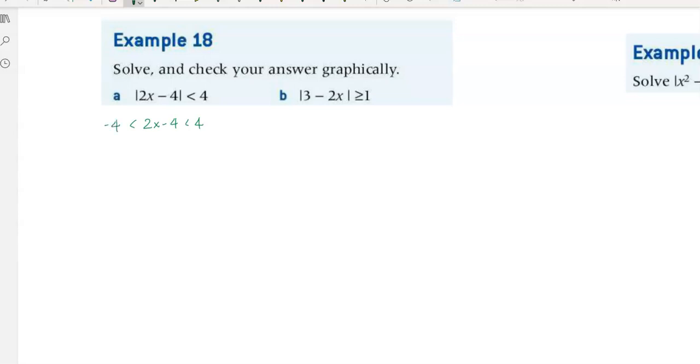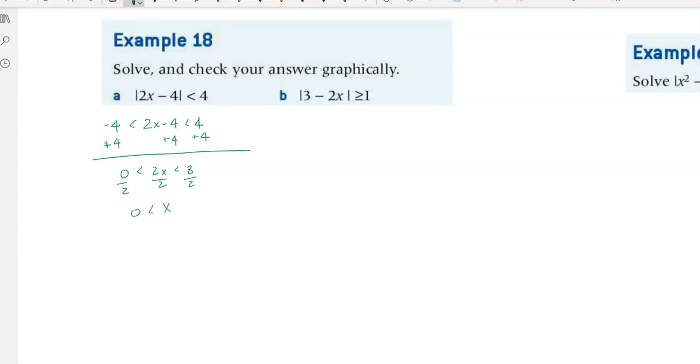It's going to be in between negative 4 and 4. And remember how you solve compound inequalities? You do it to every single side. I hope you remember how to solve compound inequalities. Please say yes. Divide by 2, divide by 2.